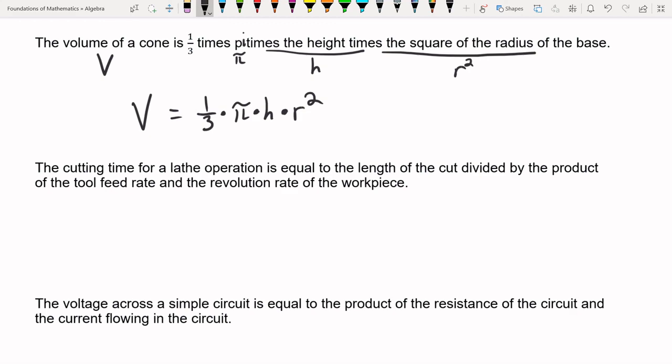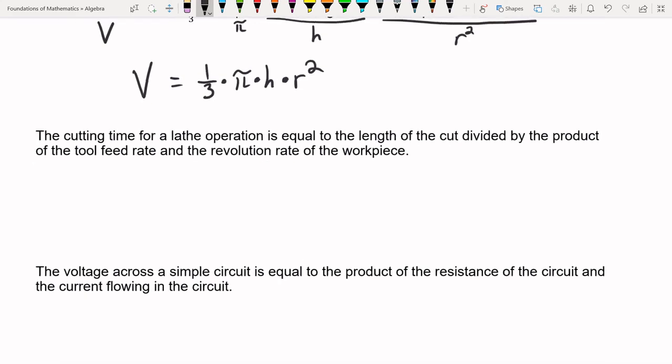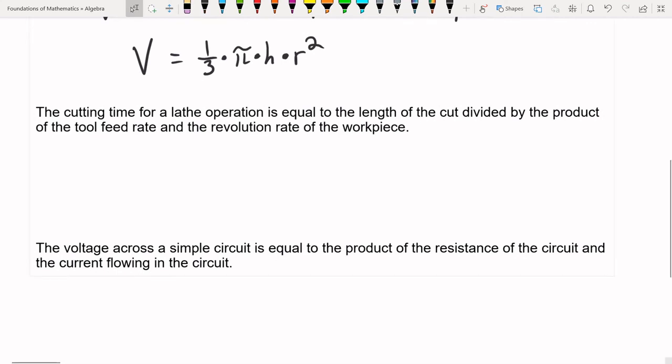The cutting time for a lathe operation is equal to the length of the cut divided by the product of the tool feed rate and the revolution rate of the workpiece. So we can say the cutting time is equal to the length of the cut, with a fraction bar there, divided by the product, meaning the multiplication, of the tool feed rate, I'm going to use F for that, and the revolution rate, I'm going to use R for that.